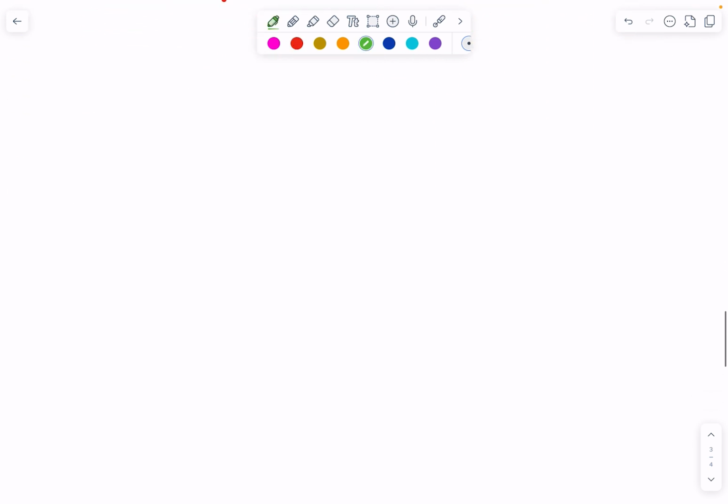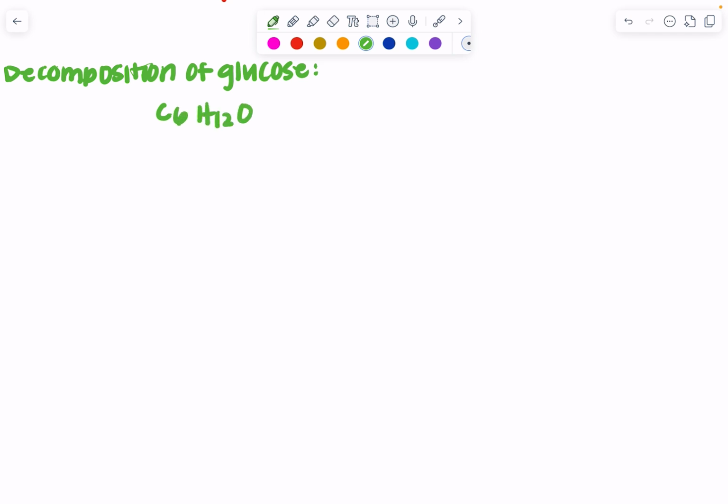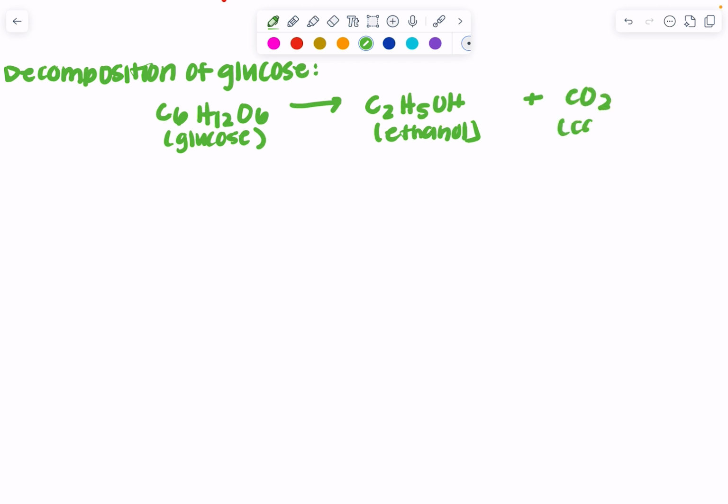Finally, last question of the worksheet. Let's look at the decomposition of glucose. We have C6H12O6, which is glucose, and that decomposes into C2H5OH, which is something called ethanol, plus CO2, which we know as carbon dioxide.